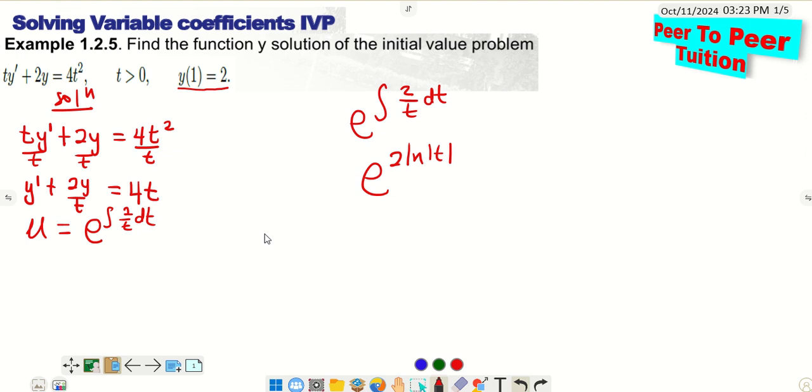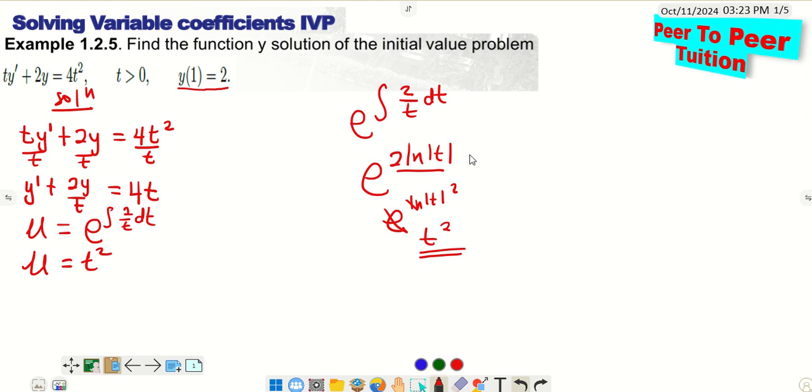So this is what you will get. And applying the laws of indices, we will get e to the power ln t all squared. This e will cancel the natural logarithm and we will get t to the power 2. So we have our integrating factor here to be t squared.